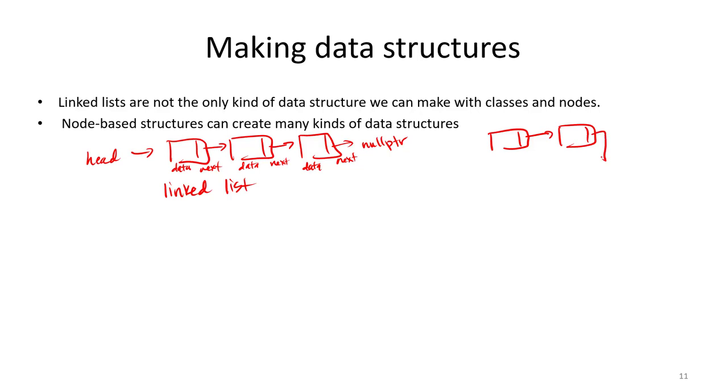For example, if we so chose, we could create something called a circularly linked list. So instead of having our linked list pointer point at null, we could have some sort of starting point in our linked list, but we could actually have the end of our list connect back to the beginning.